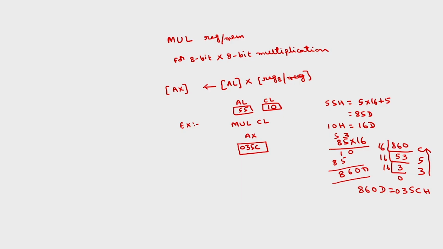Instead of a register, we can also give memory, accessed using any one of the addressing modes discussed in earlier classes. This is for 8-bit by 8-bit multiplication.